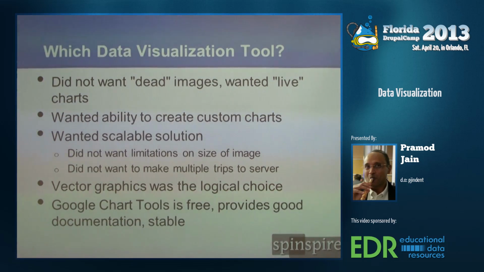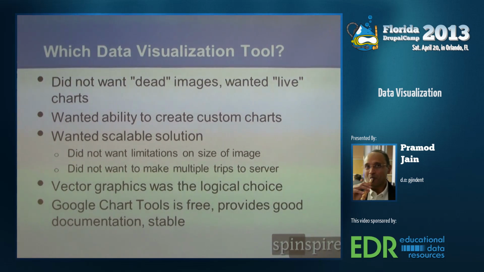If you've used some of the PNG tools or GIF tools, like the ones we were using, Google had one of those services where the entire data set would go on a URL. It goes to the server and then the image comes back. And obviously you can see the limitations: you can't send a lot of data. And we didn't want to make multiple trips to the server. So vector graphics was a good choice.